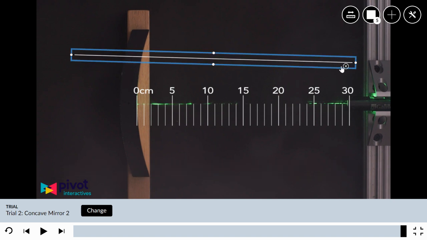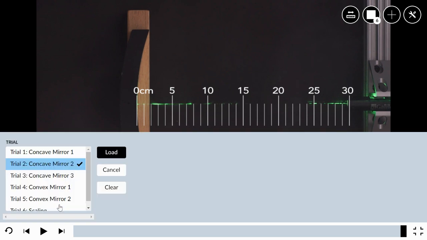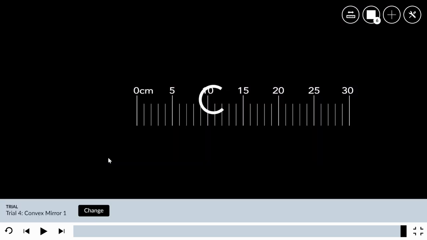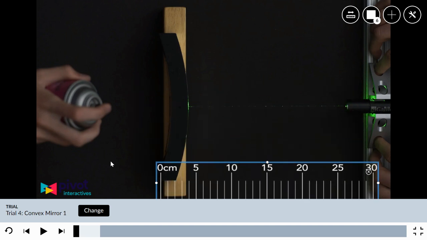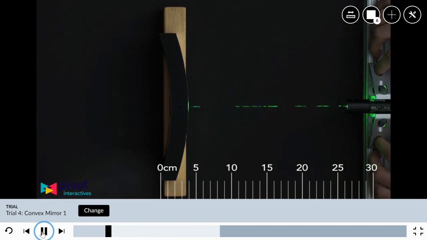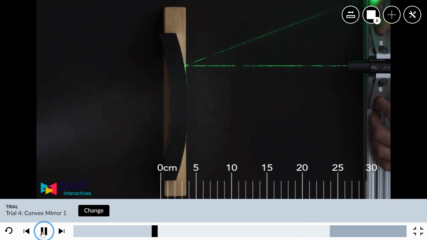So there are 3 convex mirrors, three concave, and then there are 2 convex. And so if we play this one out, I think I heard Boaz use the word diverging. You can kind of see why and how that is.